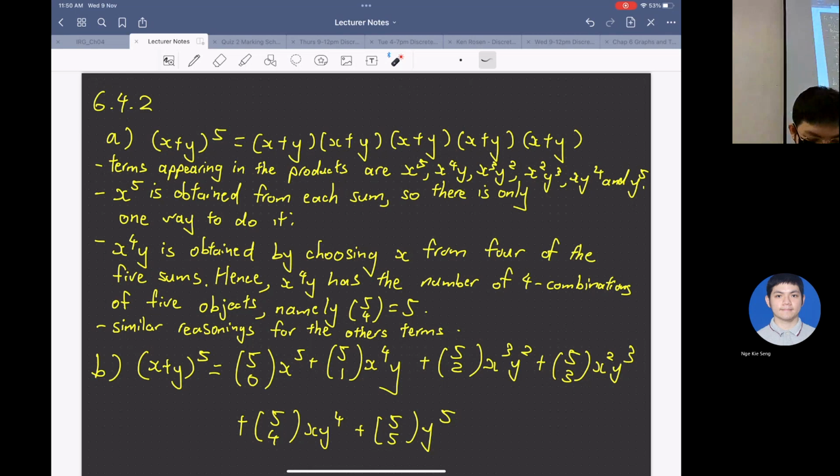If you write out the expansion, you can try to find all the possible ways to write x to the power 4, x cubed y, x squared y squared, x y cubed, and y to the power 4. Write out the different ways you can find it in the product. And the other way is just to use the formula.